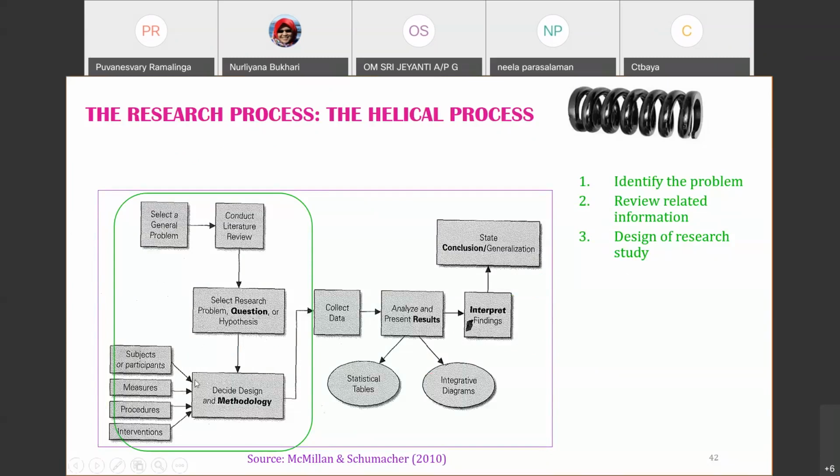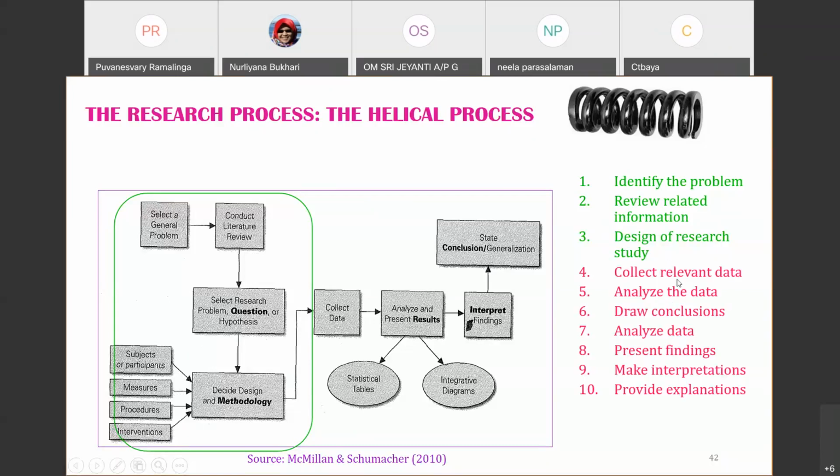Then these are all my design: who's going to be there in my studies, what will be the measures that I'm interested in, how to achieve the measures, and what intervention if necessary. So these are the 3 things, and then the rest are actually the operational.